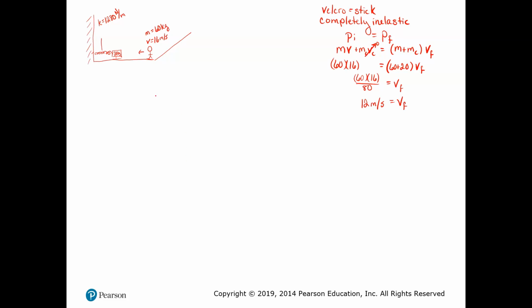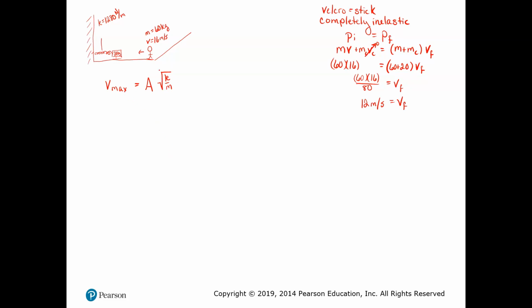The thing is that we said that velocity max was going to equal the amplitude times the square root of k over m.